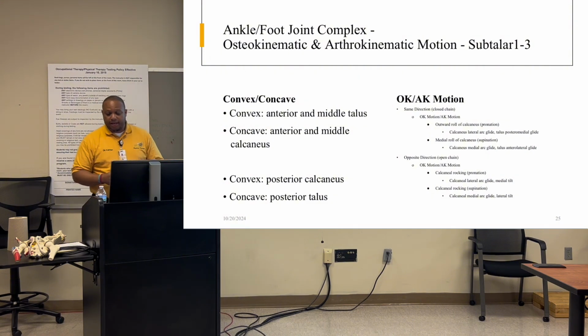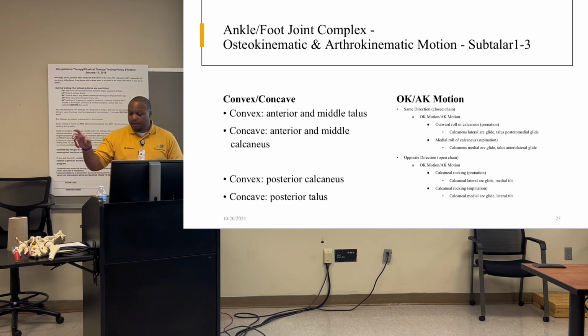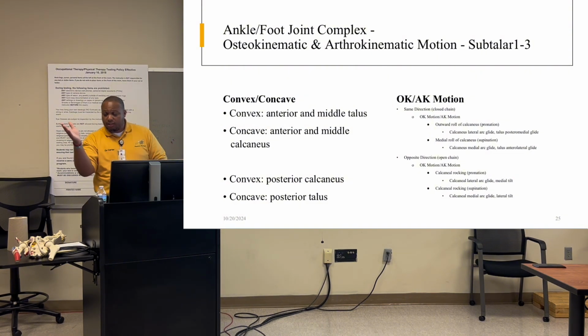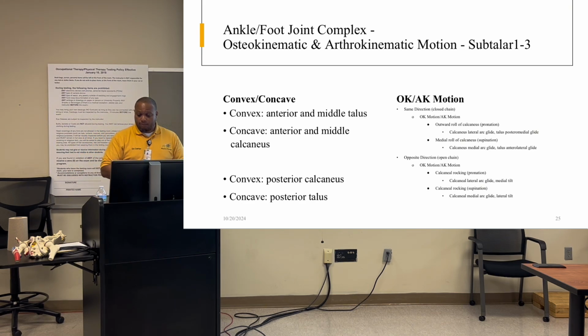And then with supination, referred to as calcaneal rocking as well, there's going to be a medial arc glide, like so, but then that's going to create a lateral tilt. So the tilt is going to be on the lateral aspect of the calcaneus. With pronation, the tilt is going to be on the medial aspect of the calcaneus.